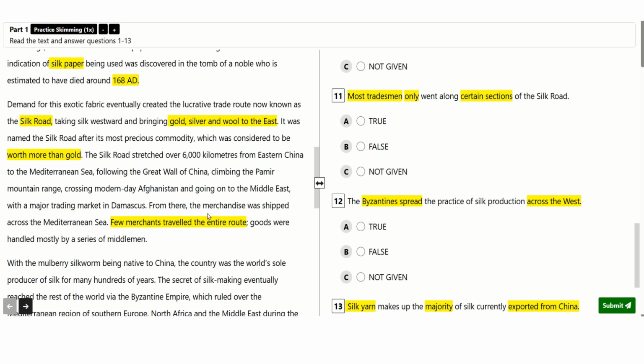So if we see, are they saying the same thing or different? Few people travel the entire route. What would be the opposite of this? Opposite of few means a lot, and entire means half or few, right? So they are saying basically the same thing.